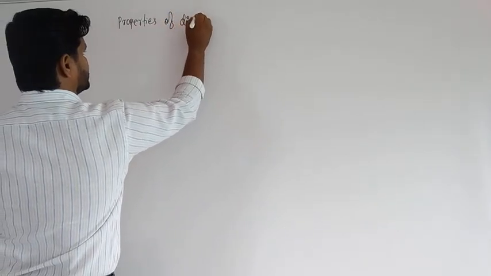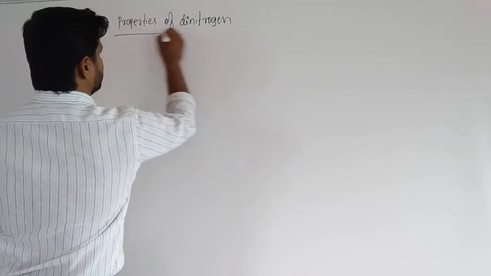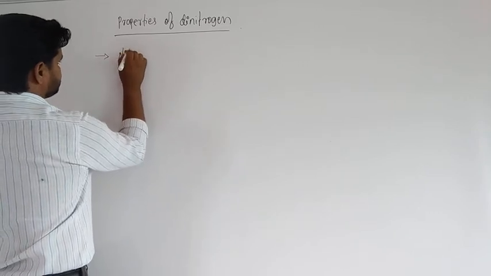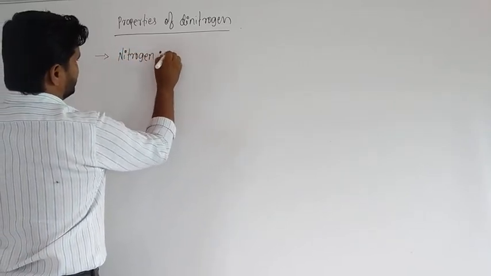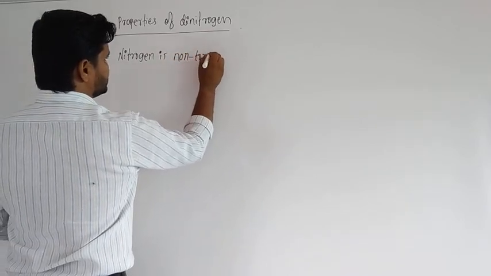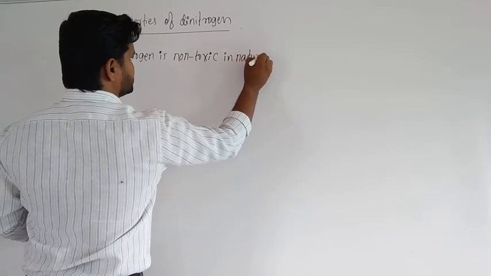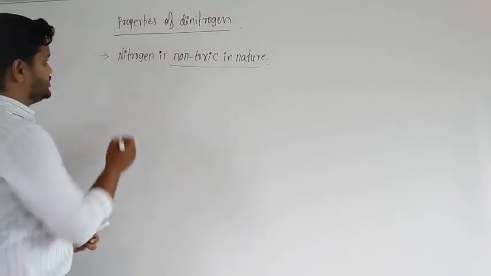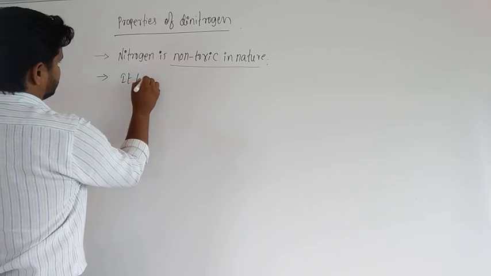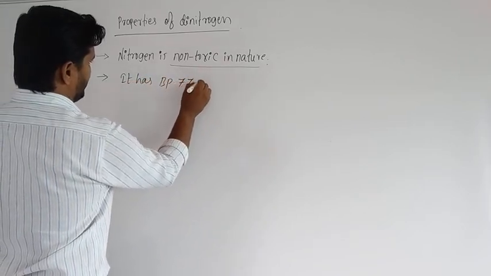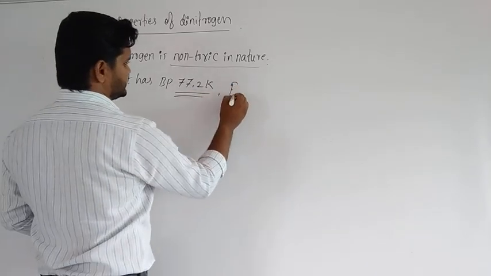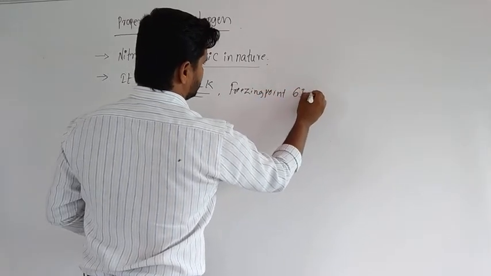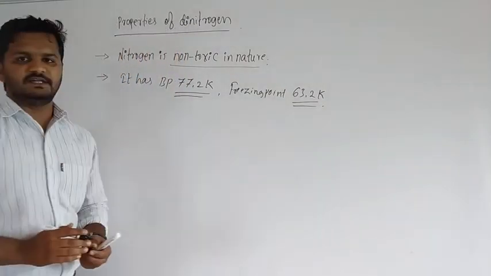In that, first one, nitrogen is non-toxic in nature because our environmental air contains 78% nitrogen. Nitrogen has boiling point 77.2 Kelvin, and freezing point 63.2 Kelvin.